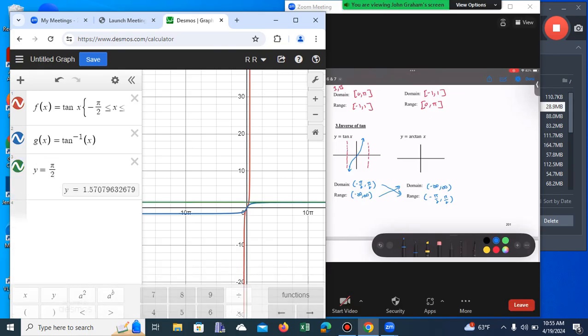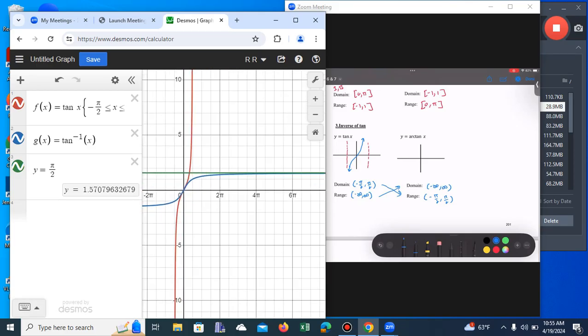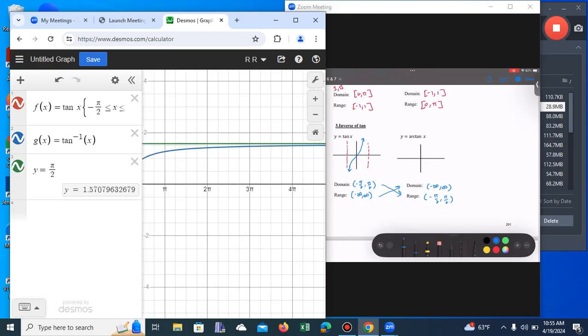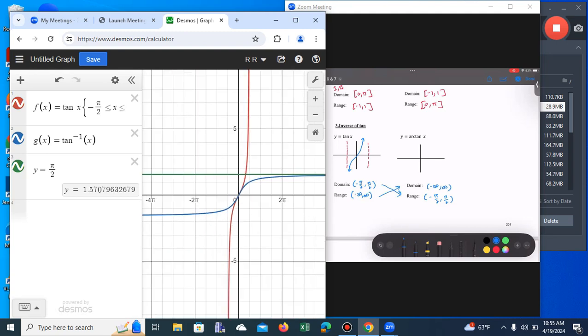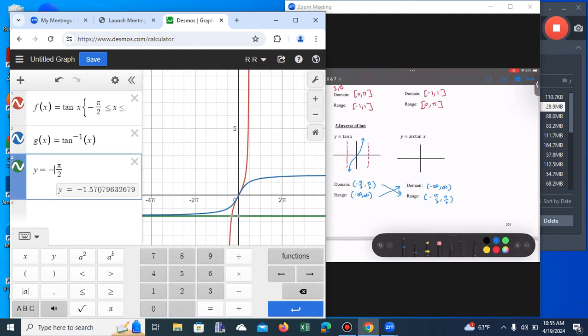And we see it goes right up to that green line. Pretty quickly too. And then we do -pi over 2. Goes right down to that green line on the other side. So here you have instead horizontal asymptotes. And the graph looks like this.